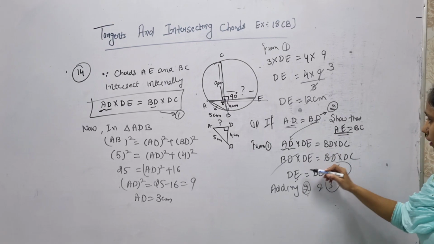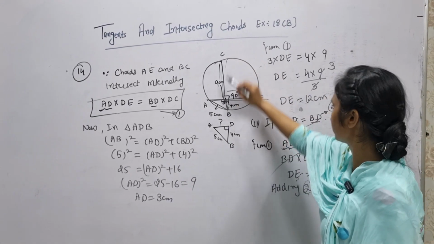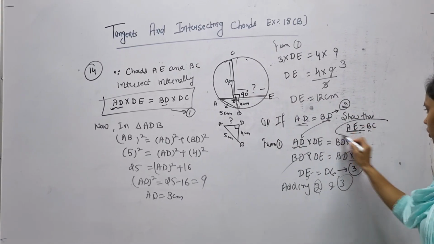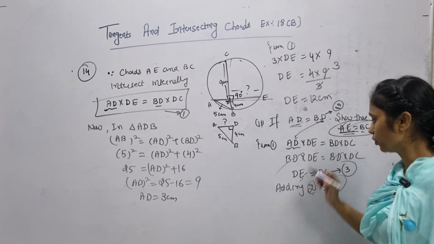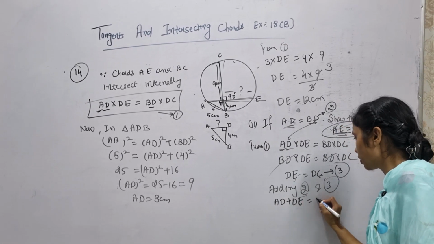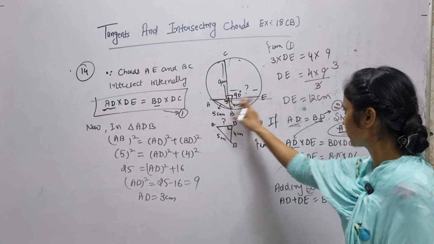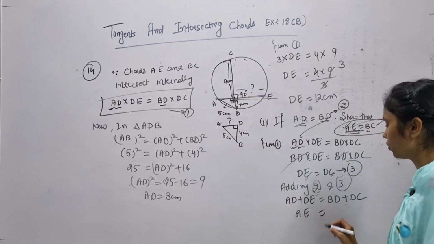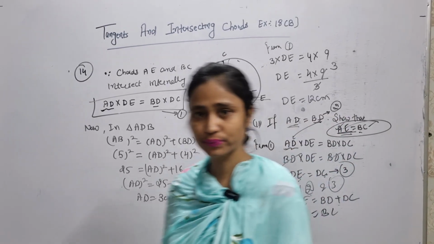BC, this full length, consists of BD plus DC. To equate these two lines, I'm going to add them. AD plus DE is equal to BD plus DC. AD plus DE is equal to AE and BD plus DC is equal to BC. Hence proved. Hope this is clear to you.